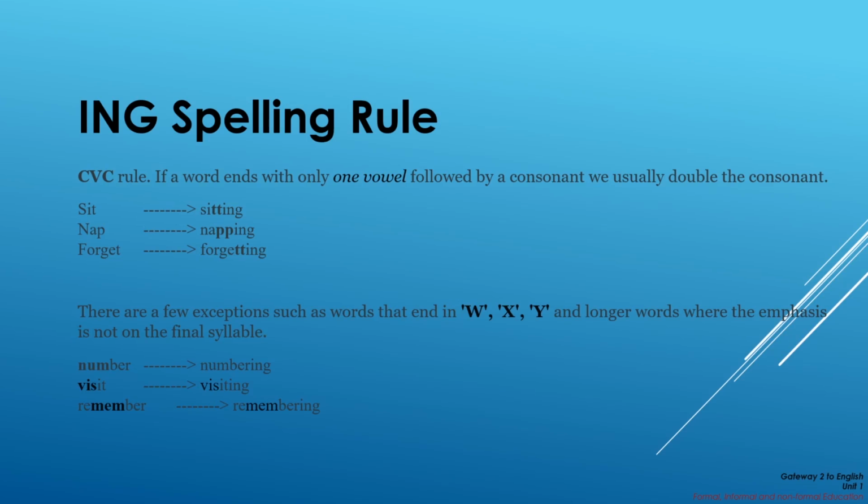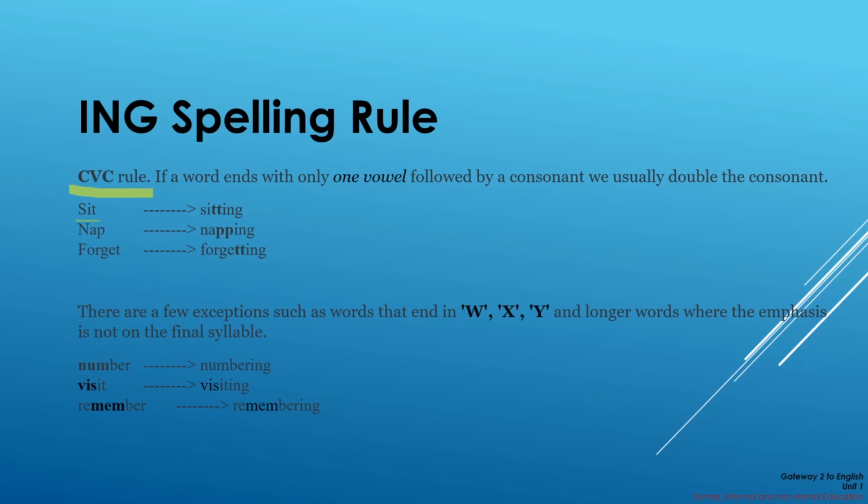CVC rule. CVC stands for consonant, vowel, consonant. So please pay attention to this rule. If a word ends with only one vowel followed by a consonant, we usually double the consonant. That happens in writing.